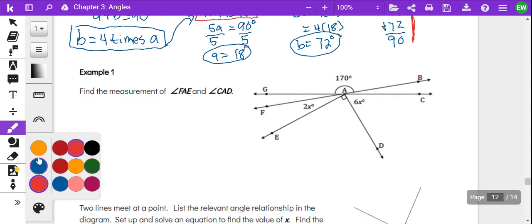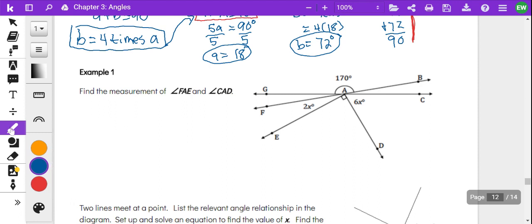All right. We need to find the measurement of FAE and CAD. The first thing I'm going to do is go find those angles. FAE is 2x, CAD is 6x. We've got a lot of relevant angles in here.